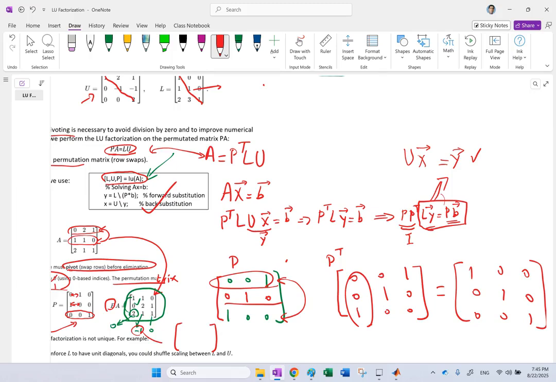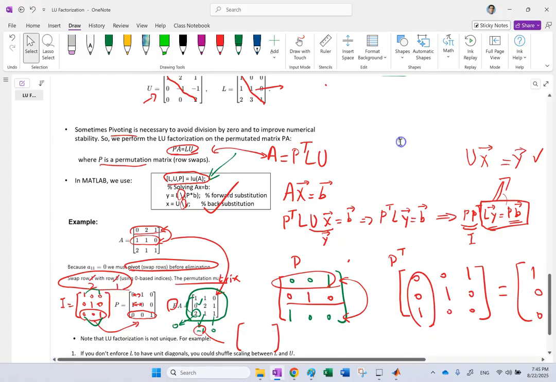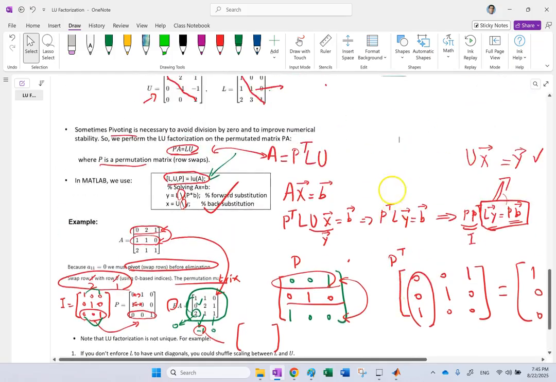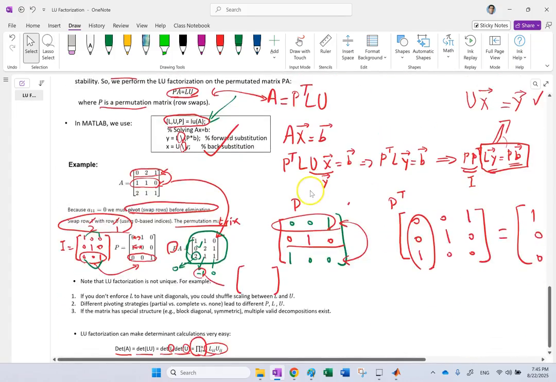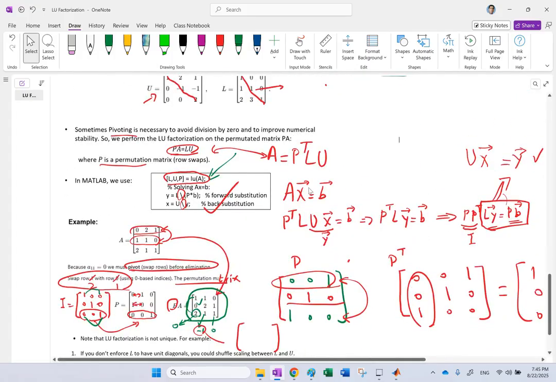Okay, and I can use the backslash operator to do those forward and backward substitutions for me, which is exactly what Gaussian elimination does. That is backslash in MATLAB instead of using inverse. So now you can clearly see how we use this. Now, two last things.